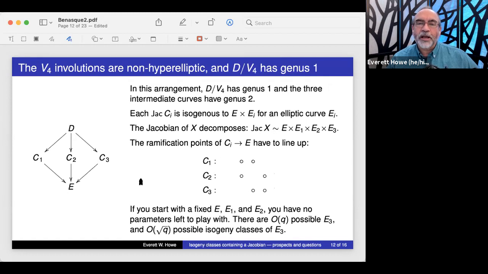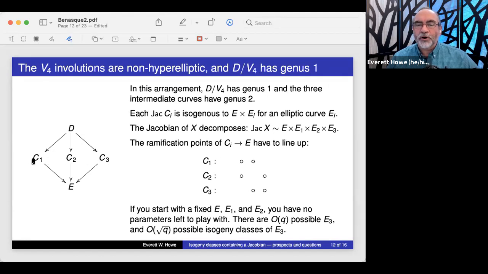And the final possibility is your involutions are non-hyperelliptic, and when you quotient out D by all of the V4, you get a genus 1 curve at the bottom. And if you work out the numerology, the only way this can happen is if all of the intermediate curves have genus 2.